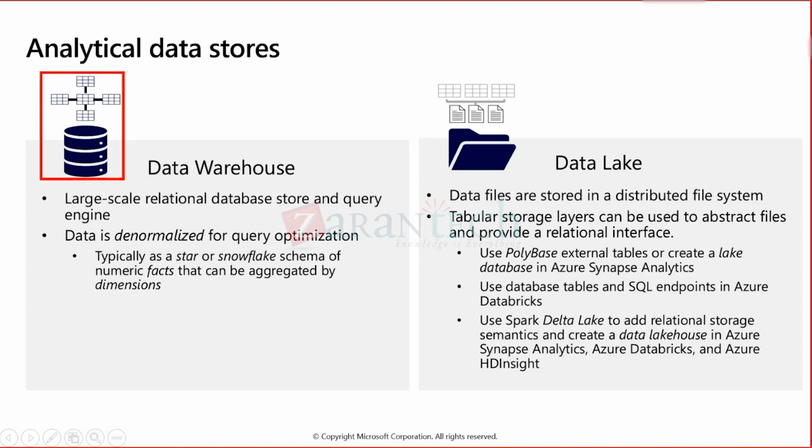Commonly, the data from the transactional store is denormalized into a schema in which your numerical values are stored in a central fact table, and then you can create different dimension tables. Using this fact table and dimension tables, you can store all the transactional store data in a denormalized form in a data warehouse.